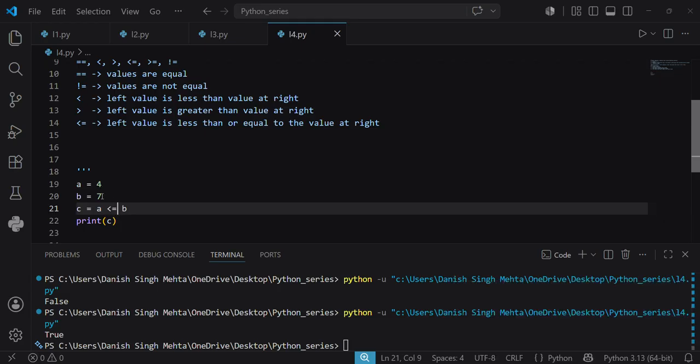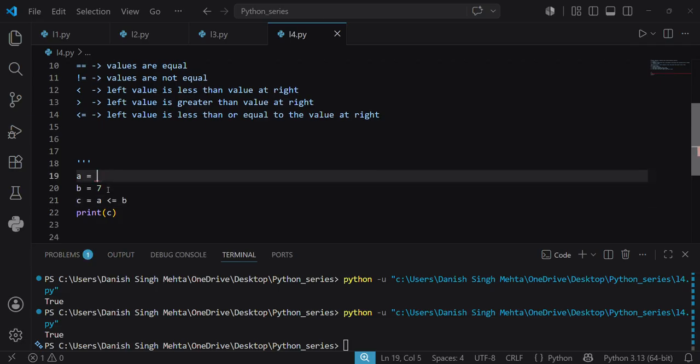So in this symbol there are two conditions, that A is less than B or A is equal to B. If any one of the conditions is true, either less than or equal to, then the result will be true. Here 4 is not equal to 7, but yes, it is less than 7. So the answer of this statement will be true.